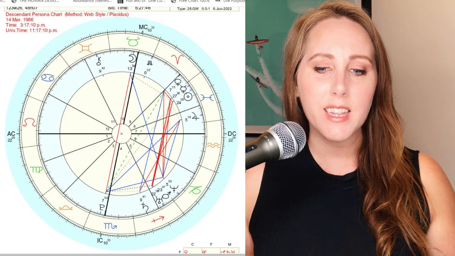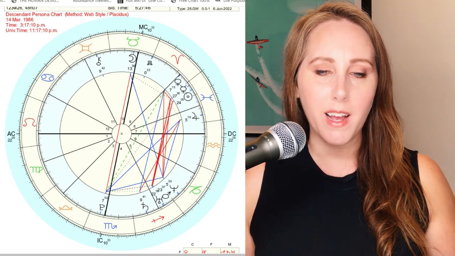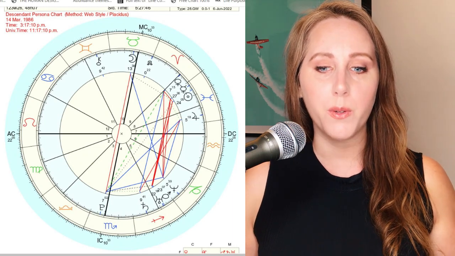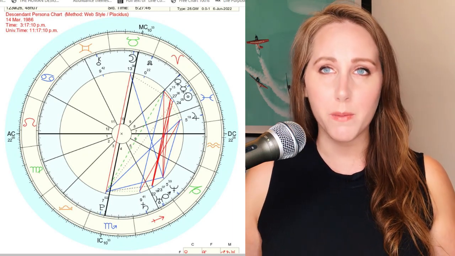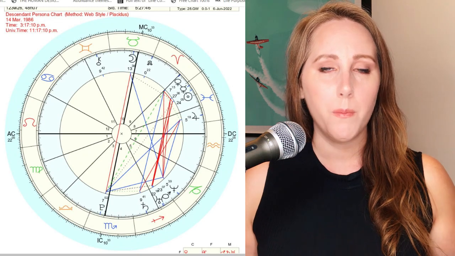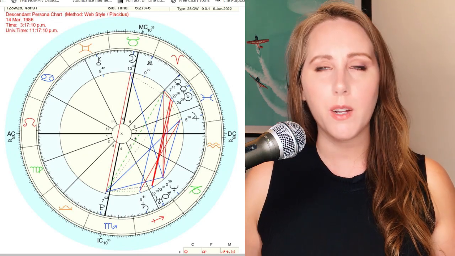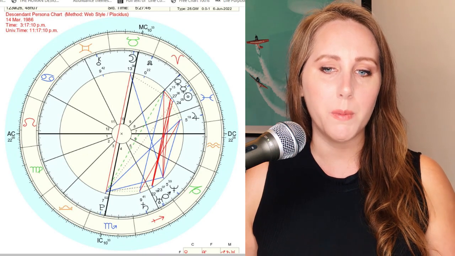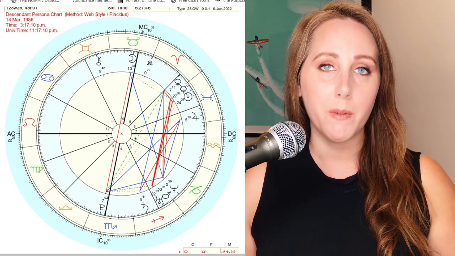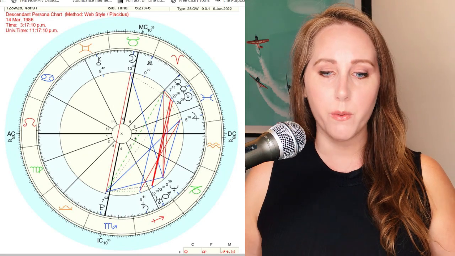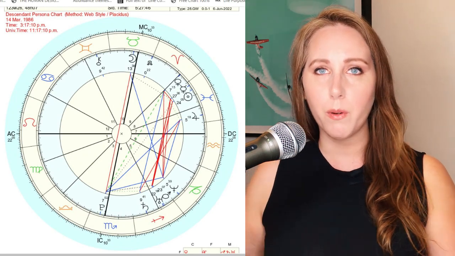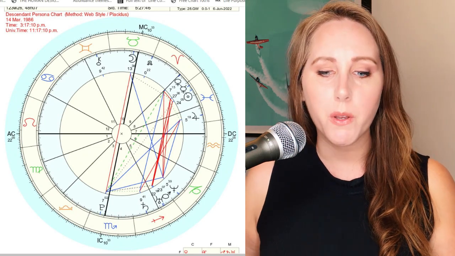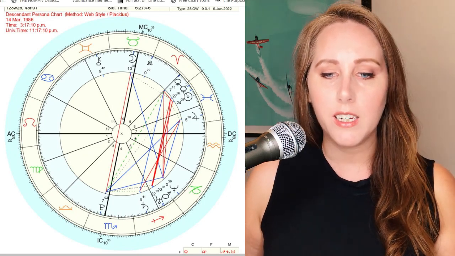So really, this opposition here kind of implies that I have to change my communication style in order to get my needs met in relationships, and possibly even in order to be nurturing, because that moon in the persona of the descendant can also be how I nurture my relationships, right? So that Pluto opposing, pulling me back, is the lack of communication probably on my side, or secrets, things like that.